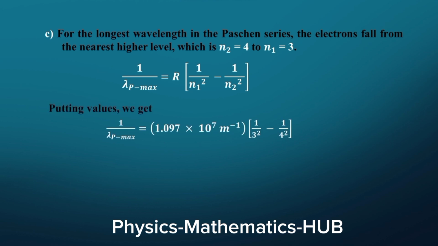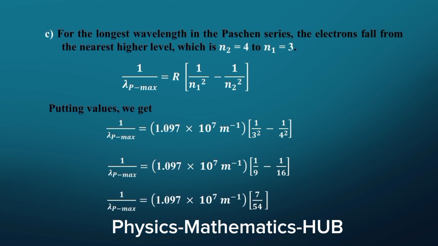Putting values, we get (1 over 3 square minus 1 over 4 square) into Rydberg constant. Simplifying, Rydberg constant into (1 over 9 minus 1 over 16). Further simplification and taking LCM gives 1.097 multiplied by 10 to the power 7 per meter into 7 over 144.